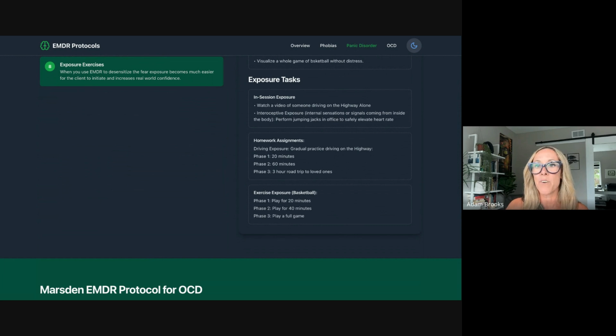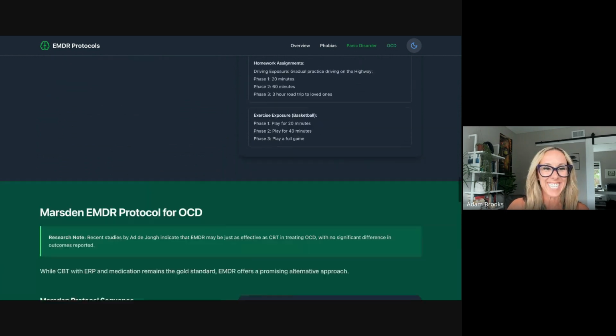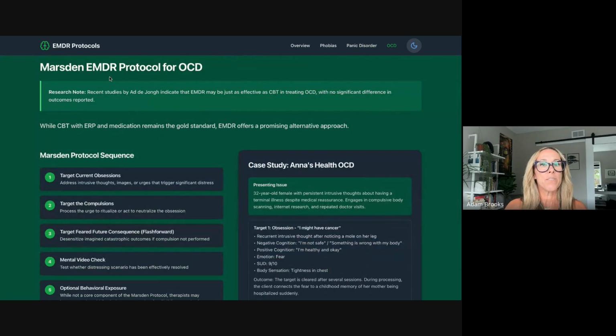Okay, so let's move on to OCD. The protocol for OCD that I use is the Marsden Protocol. So I want to preface that CBT with ERP remains the gold standard for OCD, as does treatment with medication.